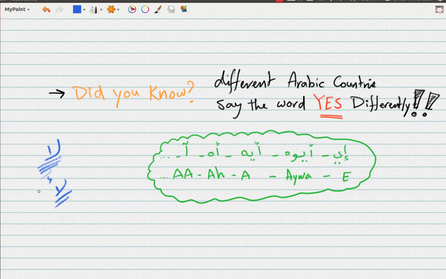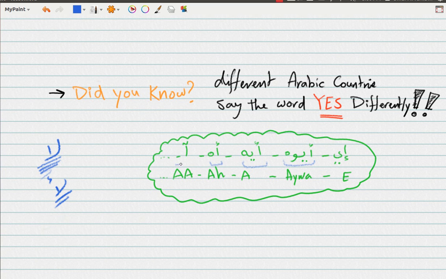But when they say yes, there are different ways, and here are some of the most common ones. You would either hear them say e, or aywa, or iwa, or ah.